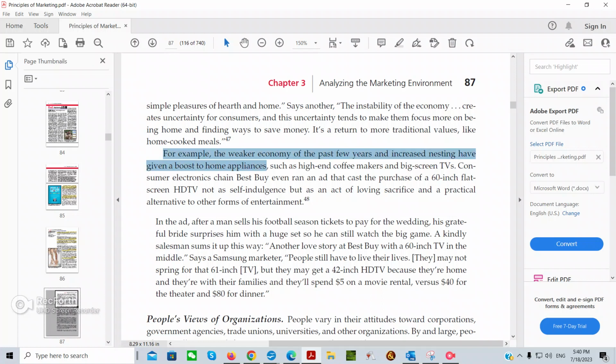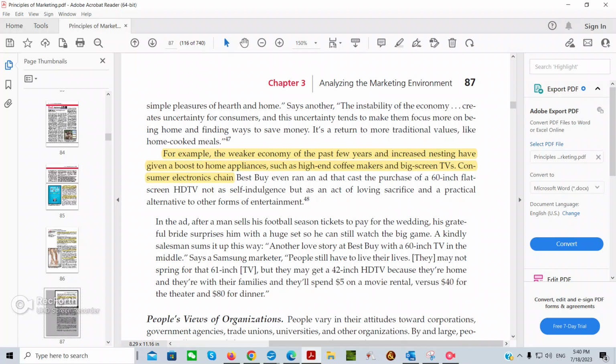For example, the weaker economy in the past few years and increased nesting have given a boost to home appliances such as high-end coffee makers, big screen TVs, and consumer electronics. So to give you an example, as the habits change, the buying patterns change. If you know the buying patterns, you can accurately market to what people are buying and adapt to the market itself.